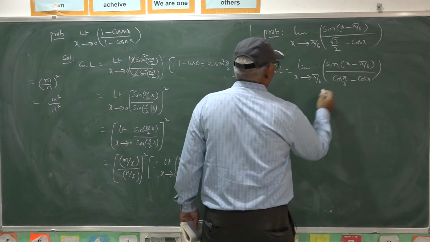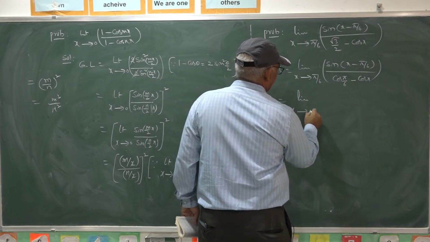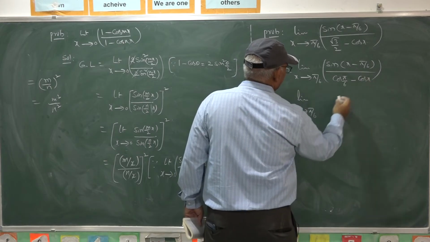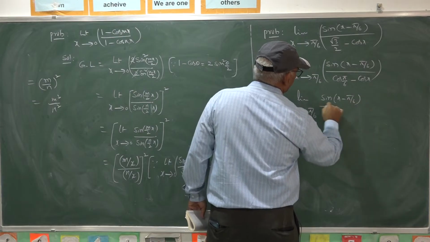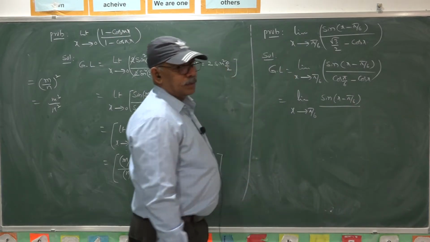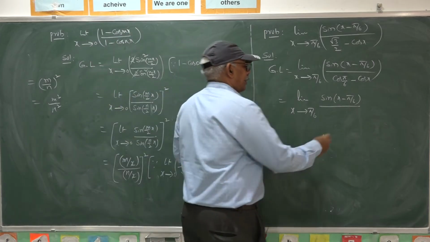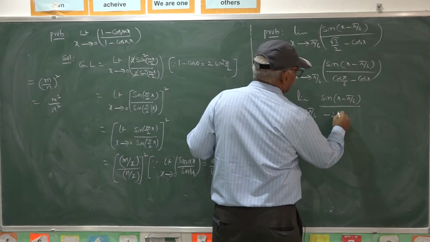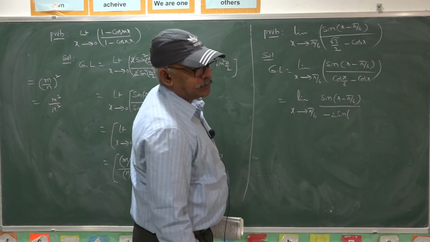Now the denominator is clearly of the form cos c minus cos d. Cos c minus cos d is minus 2 sin of c plus d by 2, sin of c minus d by 2.